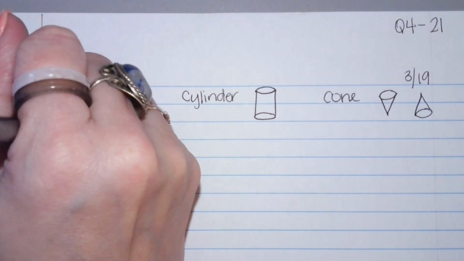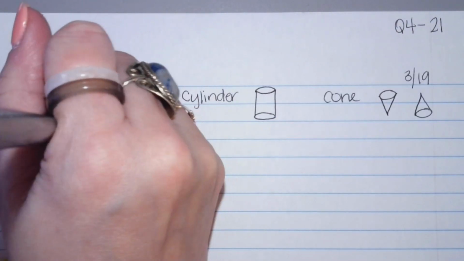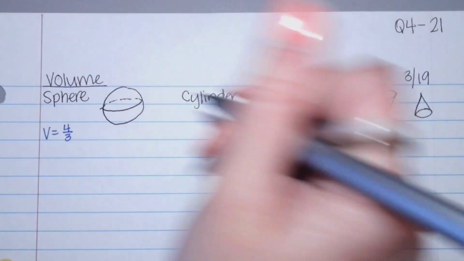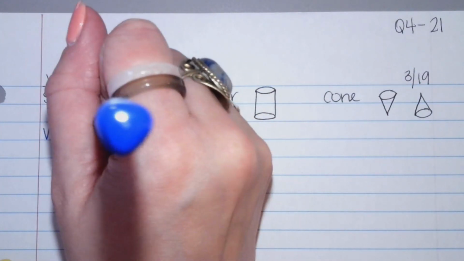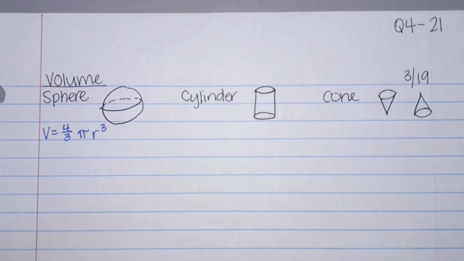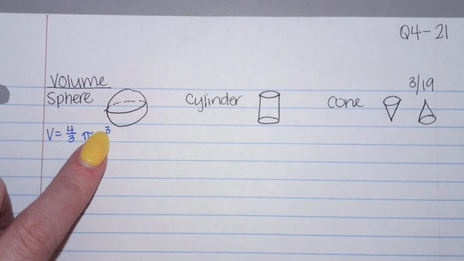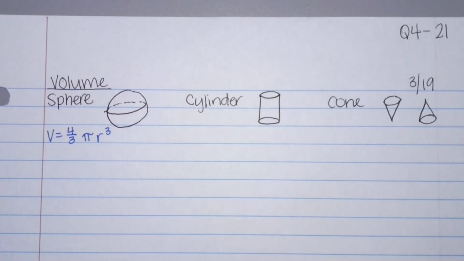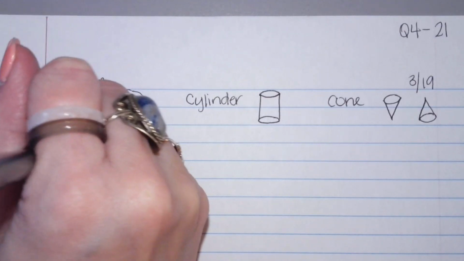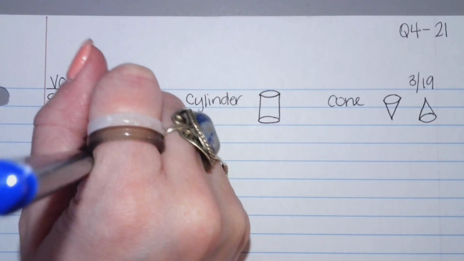So let's look at the formula for volume of a sphere: V equals 4 over 3 pi r cubed. Because volume is for three-dimensional objects, our units are going to be cubed, 3D, third exponent. V in this is going to represent our volume.